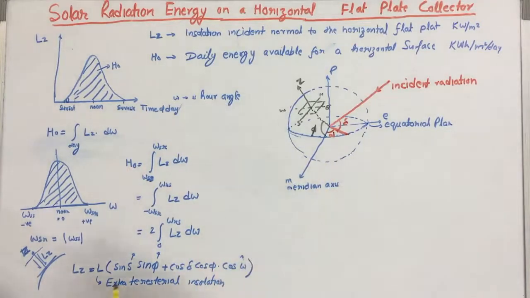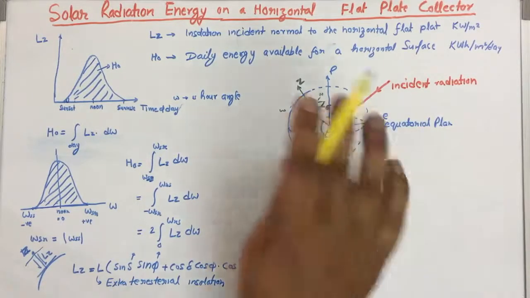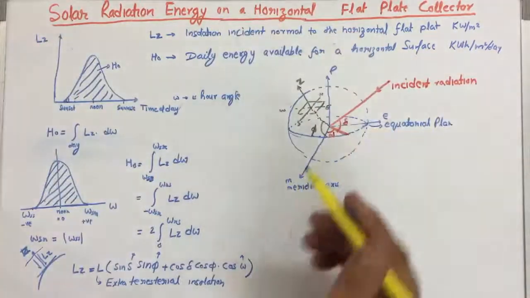The phi is, suppose the observer is here, means the collector is here, and the collector is parallel to the equatorial plane.